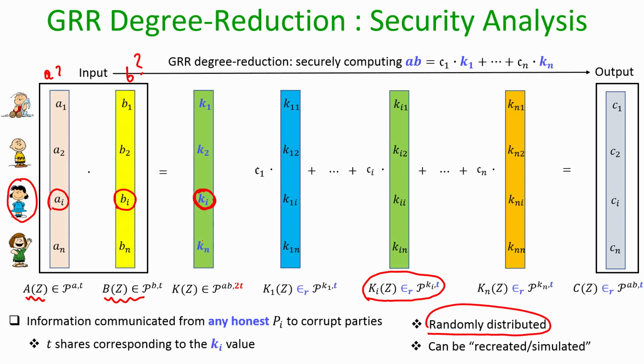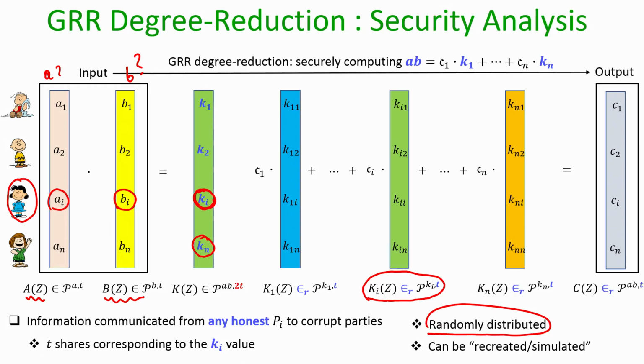In the same way, if I consider the nth party to be an honest party corresponding to kn, the adversary will obtain T random shares, and the property of Shamir secret sharing is that you take any T shares available with the adversary generated as part of the Shamir secret sharing, they are randomly distributed.